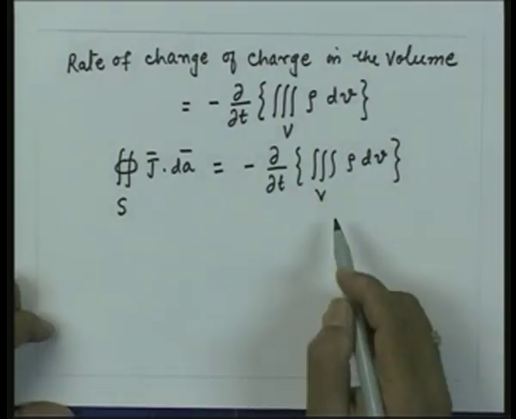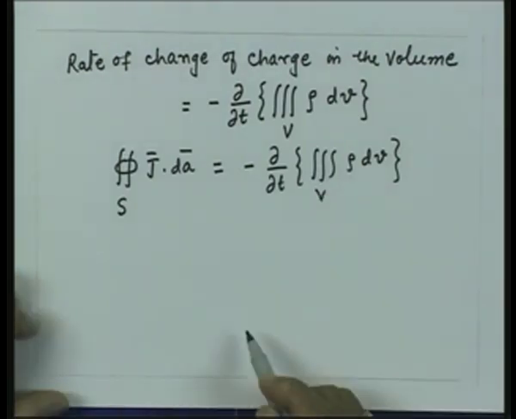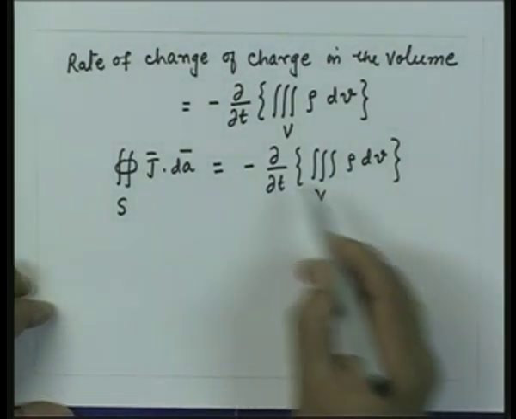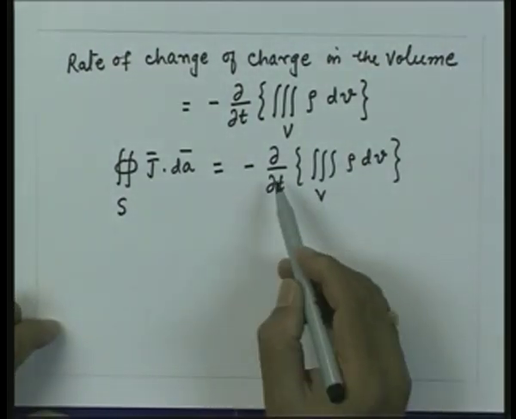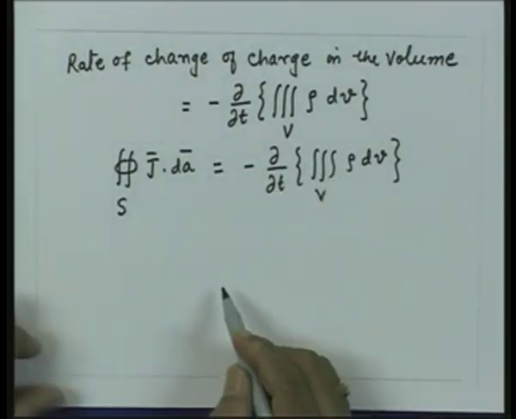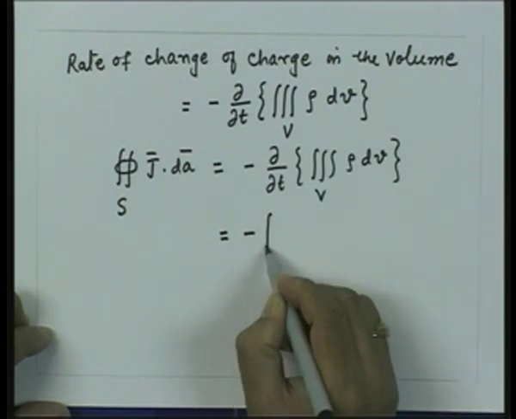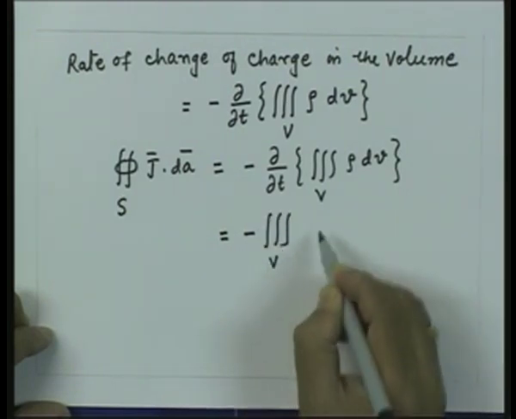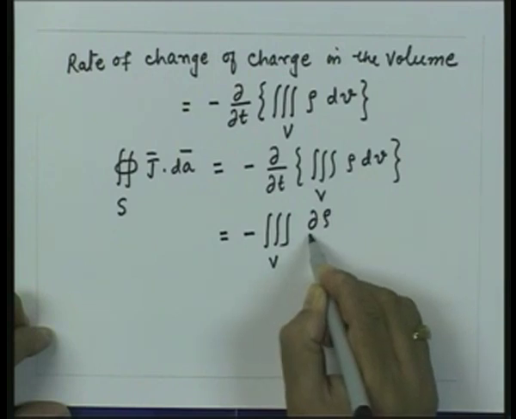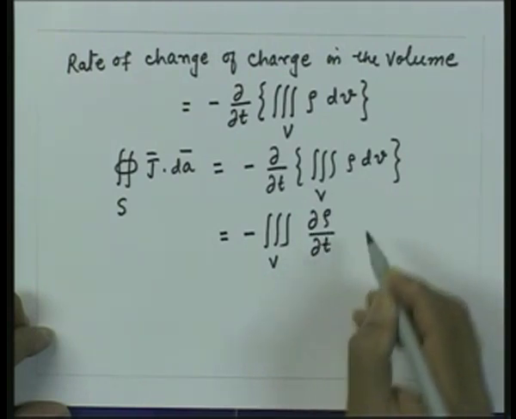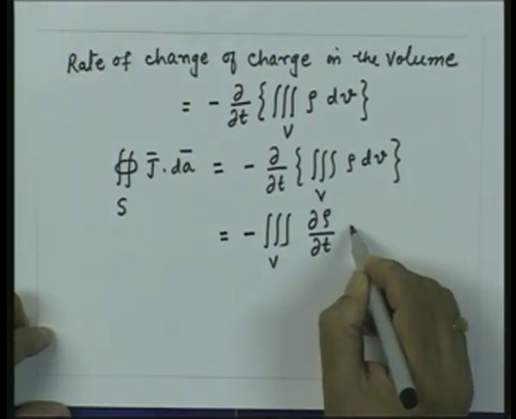If I say the volume is not changing with time, as we assumed earlier, we can say the charges are changing as a function of time, the volume is fixed, we can interchange the integral with dt. So, that quantity we can get as minus integral over the volume d rho by dt into dV.